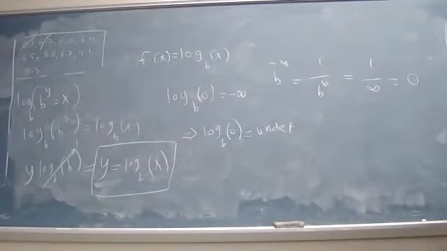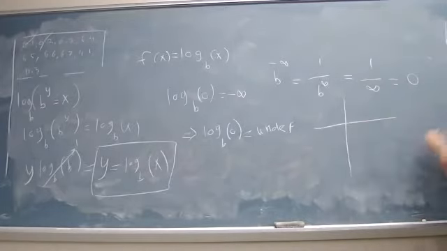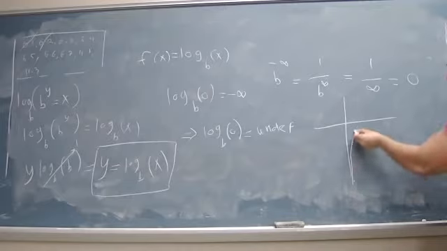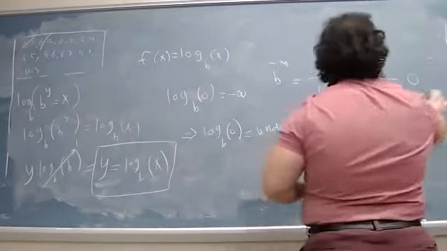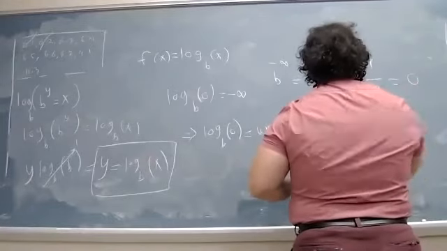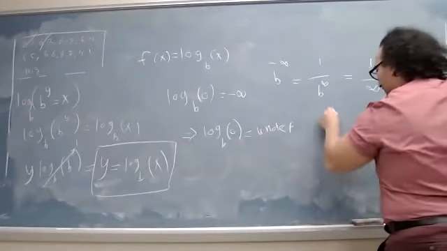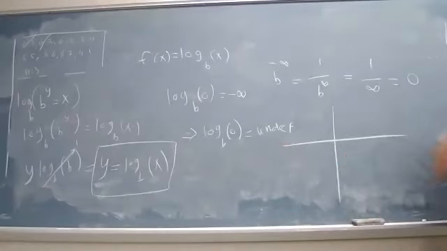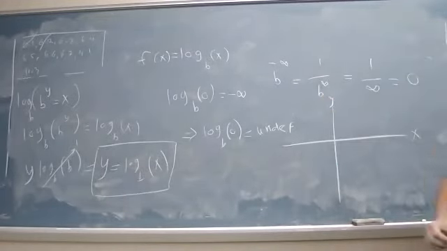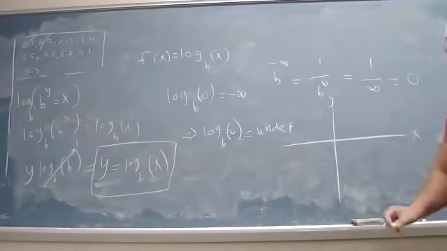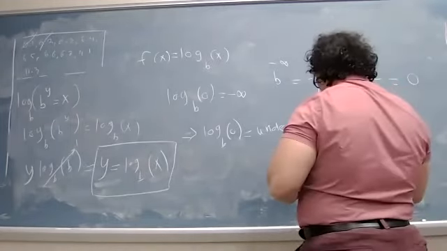Okay, so that's why the log function actually ends up looking like this. And you know what? Although that was beautifully drawn, I'll do it in yellow to make it distinct. Here's x, here's y. I'm about to draw log base b of x.